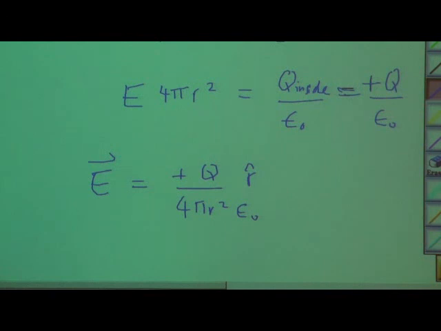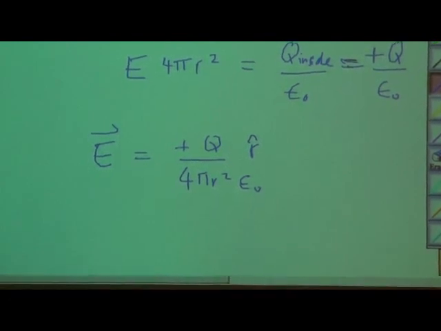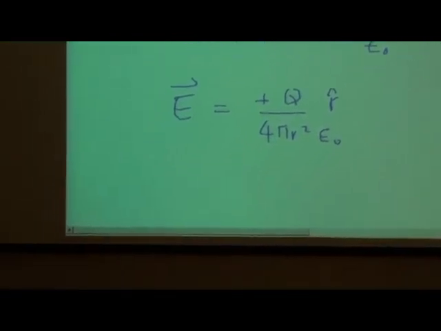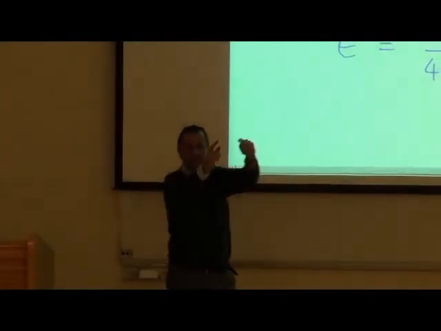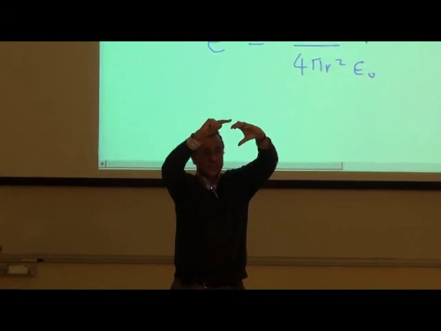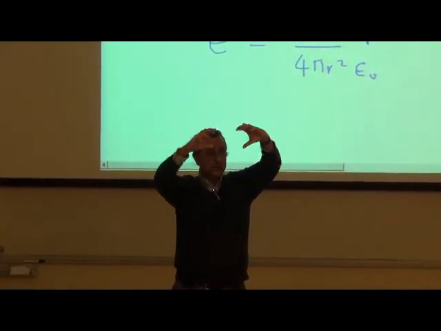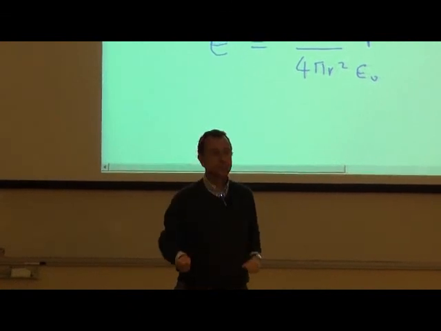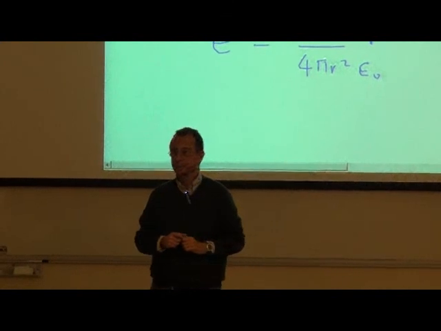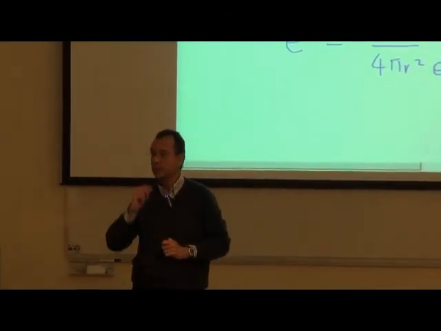Okay? Does everybody understand this? Outside it was 0. In between the two shells, from R1 to R2, the electric field strength decreases as 1 over R squared times the plus Q inside. Okay? Any questions?